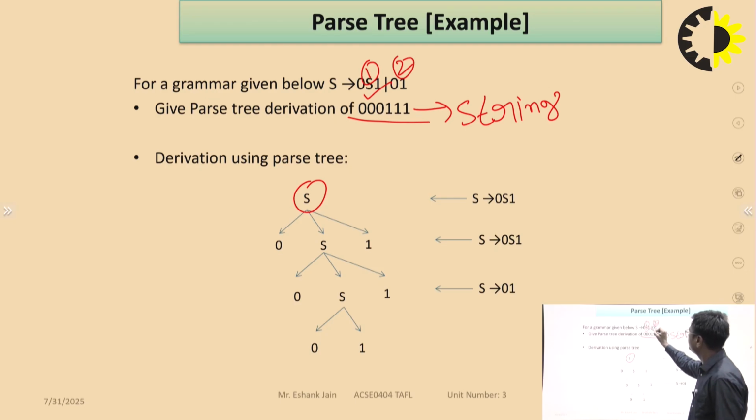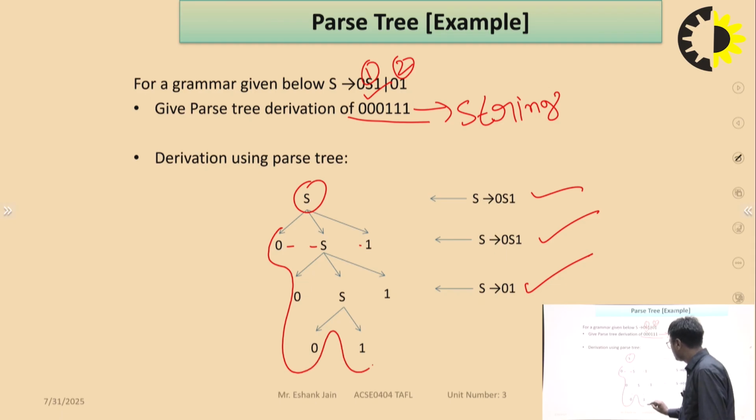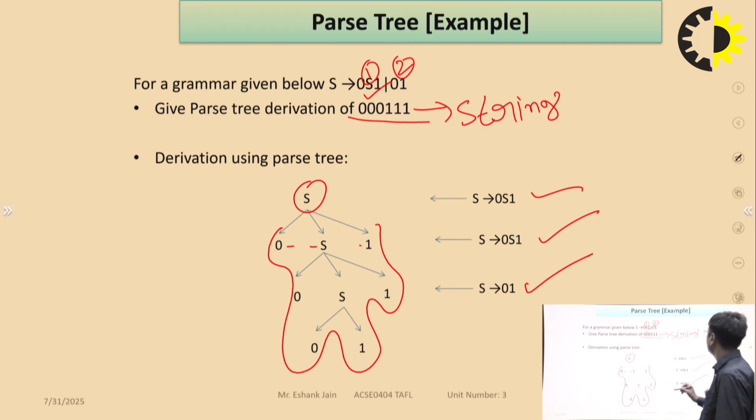Then we select the production 0S1. Now S is converted into 0S1, and now S is converted into 01. We can scan the parse tree from left to right. We can say that the result is 000111000. This is the derivation of that particular string.